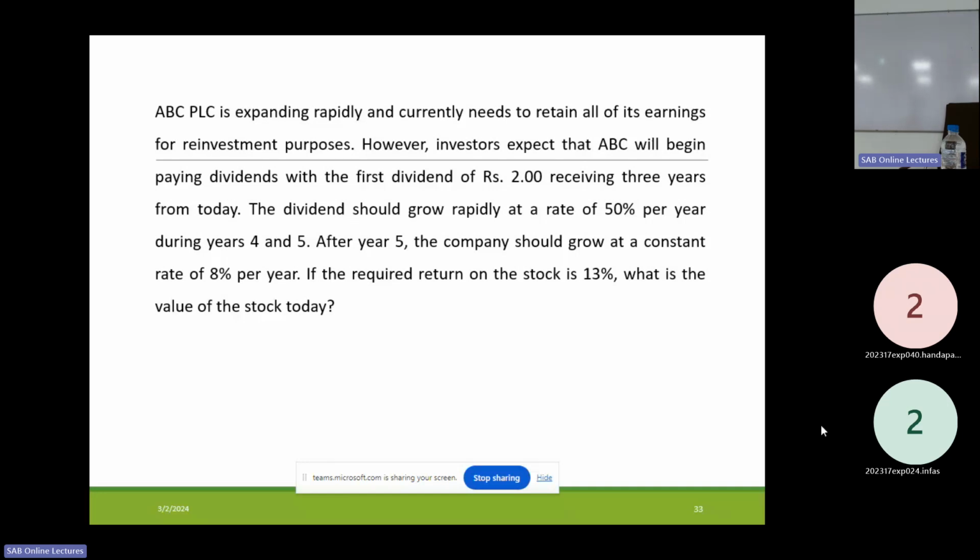After year 5, the company should grow at a constant rate of 8%. So the dividend after year 5 should grow at a constant rate of 8% for the future. If the equity shareholders' required rate of return is 13%, what is the value? What is the present value? What is the intrinsic value? What is the fundamental value?